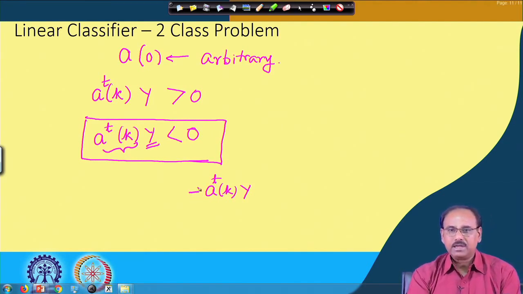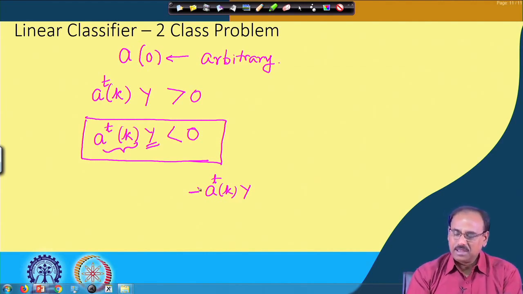So, whenever a k transpose y is negative, I generate an error term which is minus a k transpose y, which will always be positive. That means, if I have any misclassified sample by a k, I will have a positive error. And this I do for all the samples which are misclassified by a k. So, you take the summation of this over all y which are misclassified.